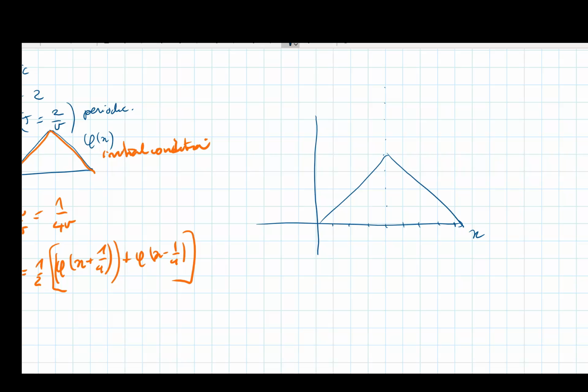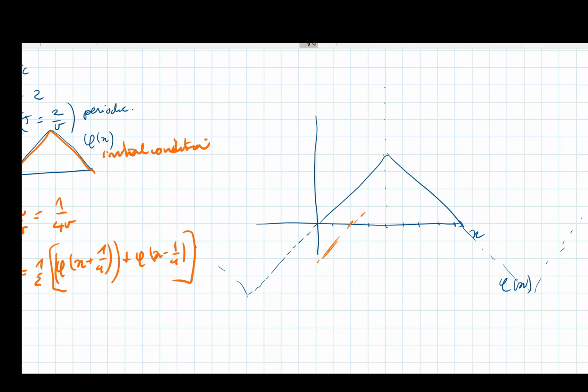And don't forget, it's been extended by odd parity, so it looks like this. If I try to draw my phi of x minus 1 over 4, it's the same function that has just been shifted by 1 over 4.